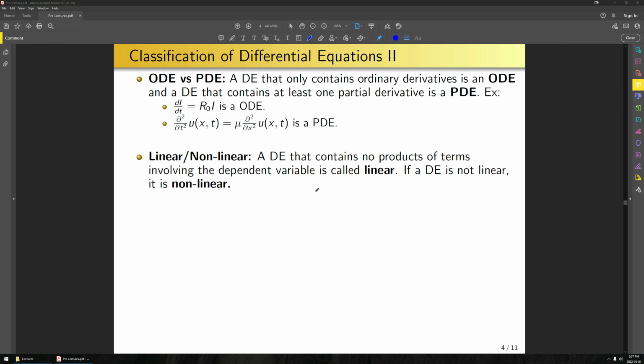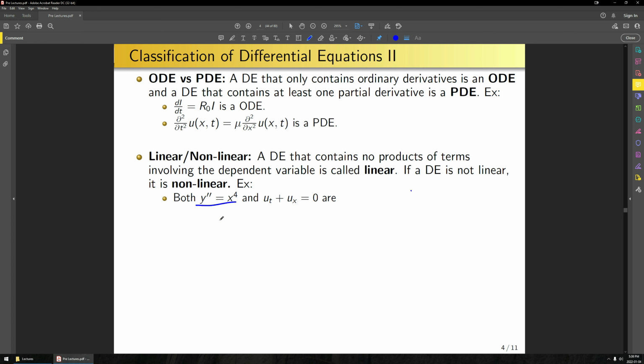So to better understand this difference, let's look at a few examples to clarify things. If I look at this equation and this differential equation, what's going on here? Well, for this equation, the dependent variable is going to be y, right? And for this equation, the dependent variable is going to be u.